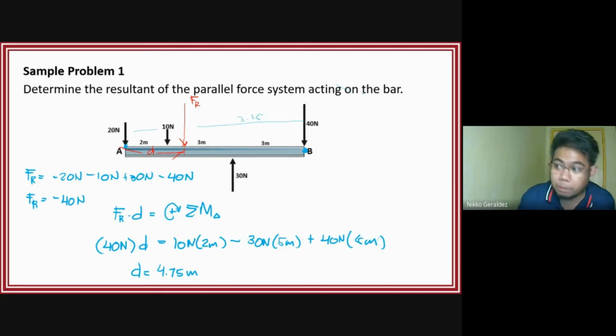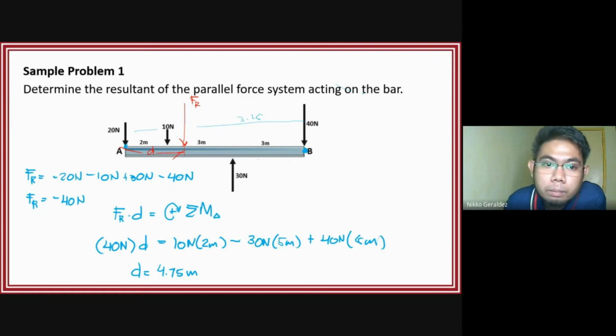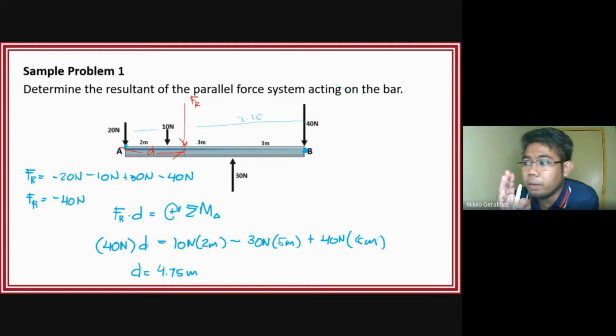Kasi pag pinag-add mo yon, ayun yung total length ng car mo. 4.75 plus 3.25, so that is equal to 8 meters. So dapat 8 meters yung maging sagot natin. So moment tayo at B, so ibig sabihin, ang resultant force natin is left of B. So yun po.